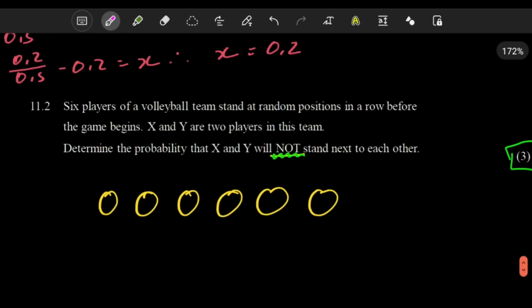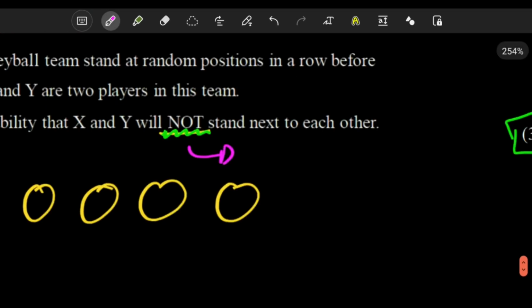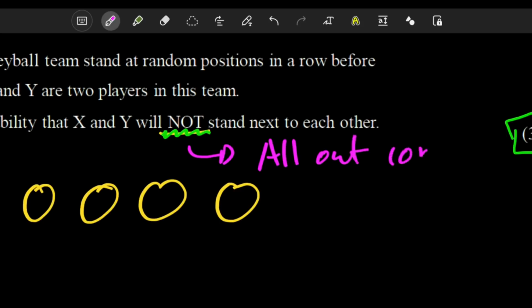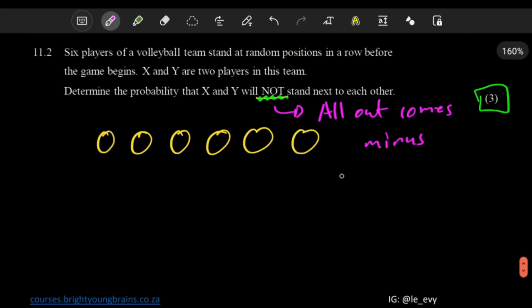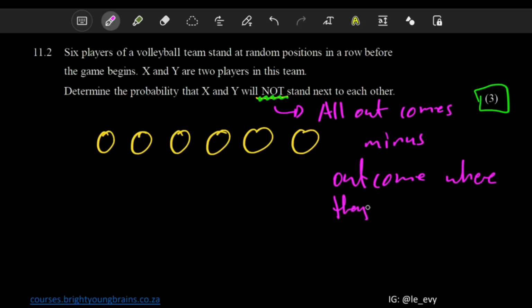So it's going to be all outcomes minus the outcomes where they are together. That's the only way you're going to get the outcomes where they are not together.